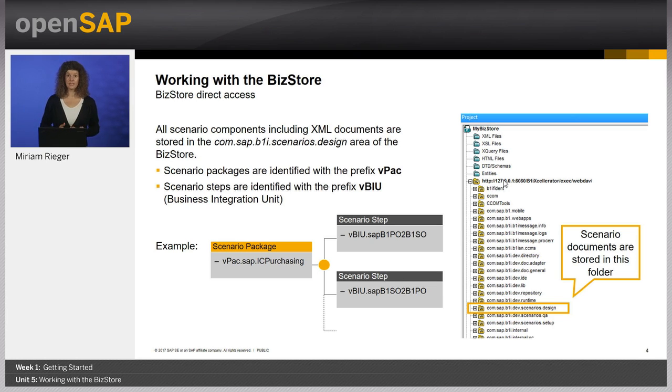In this example, it's the scenario package vpack.sap.icpurchasing. The scenario steps are identified with the prefix YBIU, Business Integration Unit. You should develop a naming convention so that your scenario packages are easy to locate.